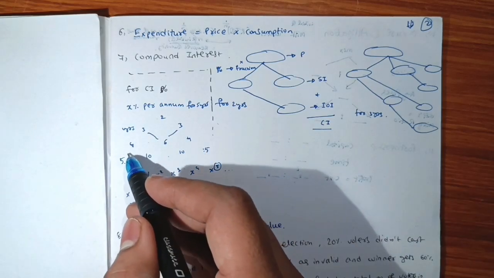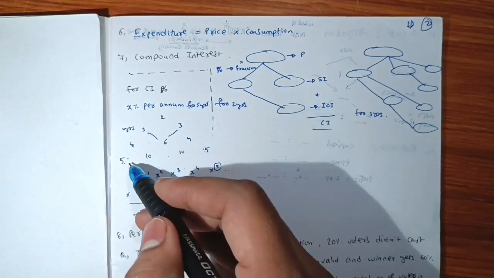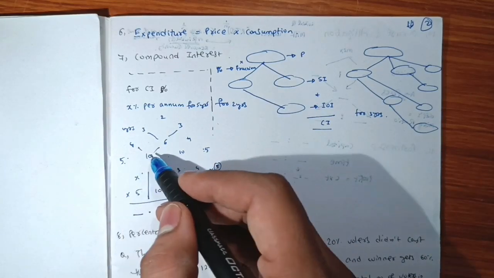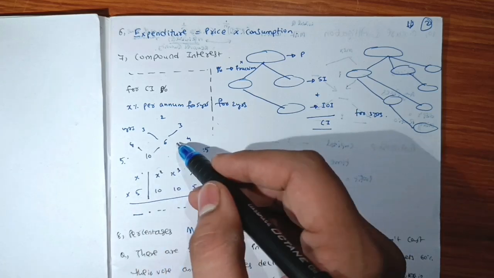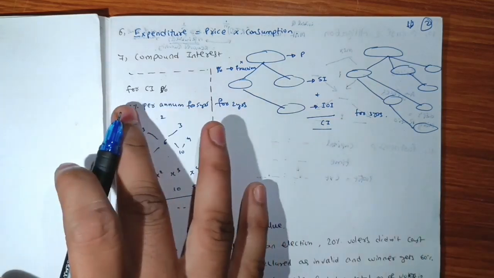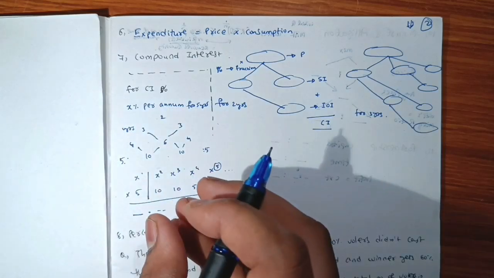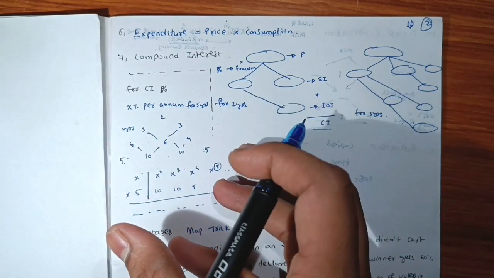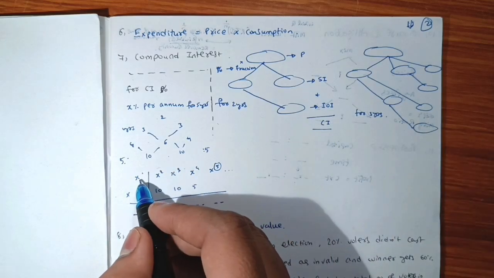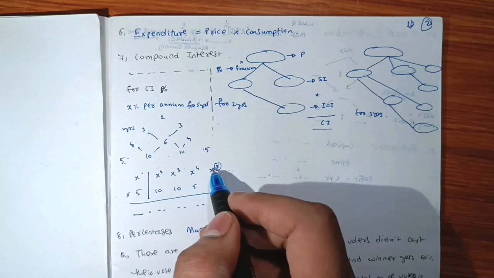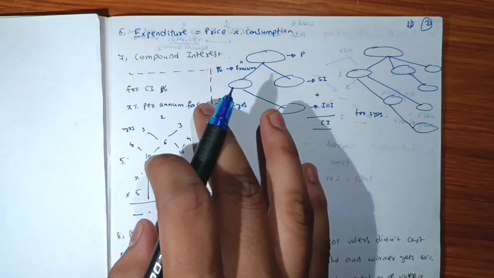For 5 years, you need to multiply 5, then 4 plus 6 and 6 plus 4, which is 10, and 5. If the question is x interest per annum for 5 years and we need to find the compound interest percentage, you take x power 1, x square, x cube, x power 4, x power 5 for the number of years.